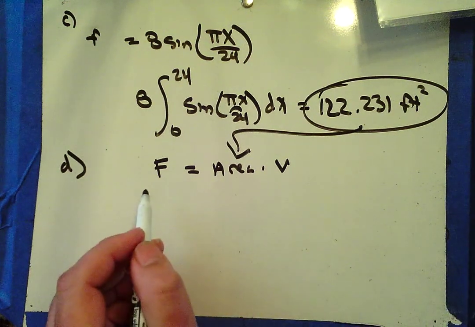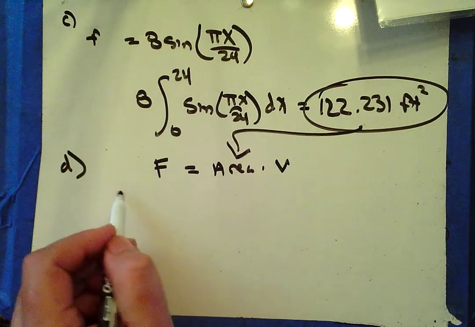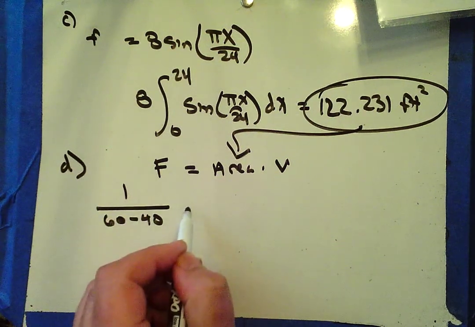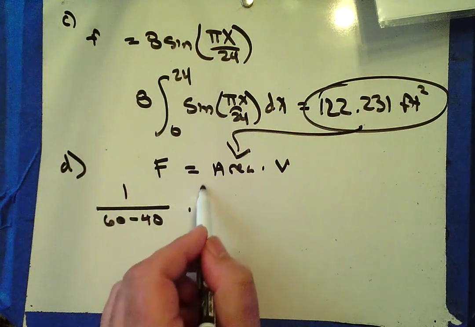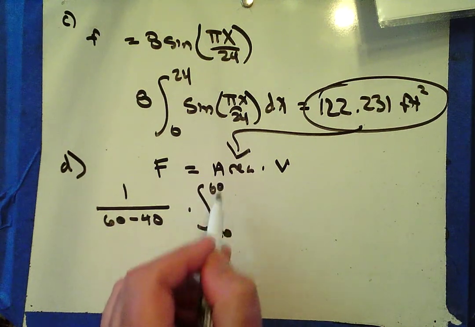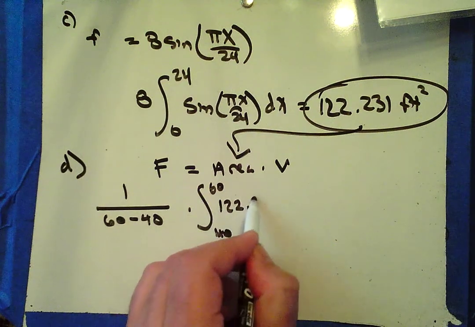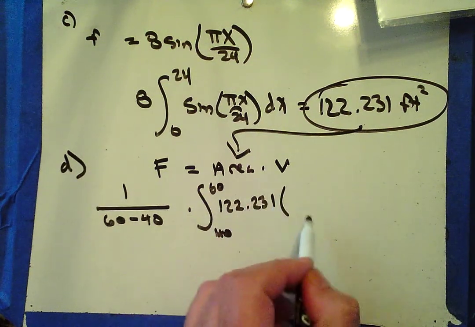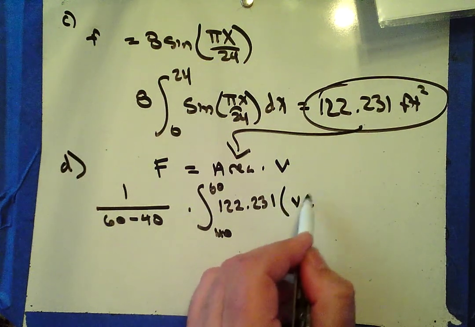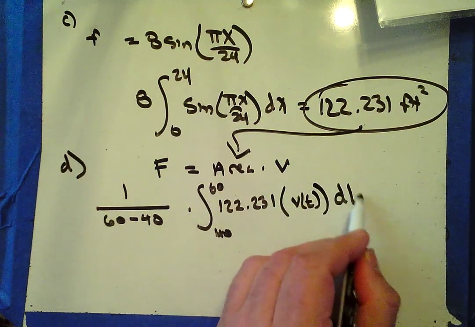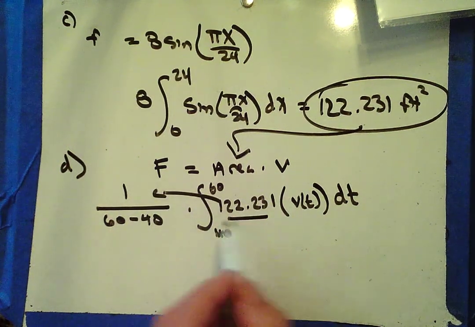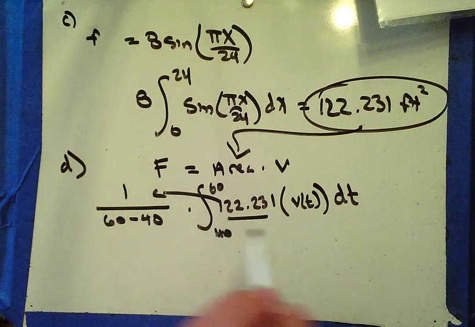We're doing this from 40 to 60 minutes, so I'm going to have 1 over 60 minus 40 times the integral from 40 to 60 of 122.231 times the velocity function v of t dt. I can pull this constant out and then just integrate v of t from 40 to 60.